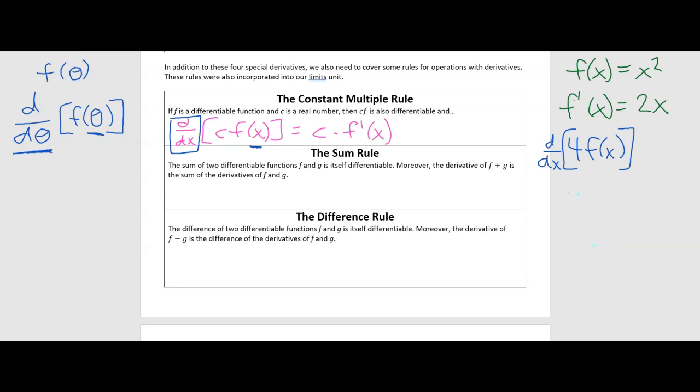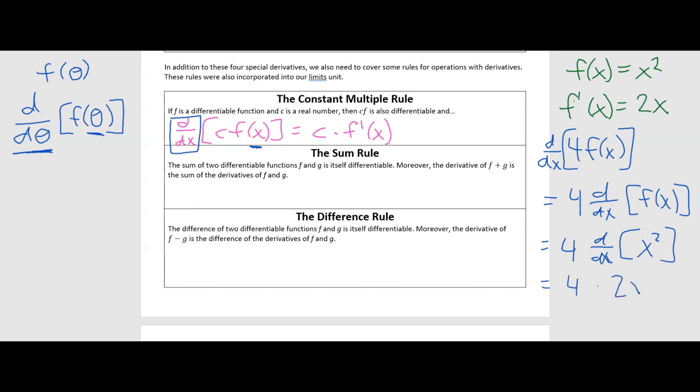is we could essentially factor out the 4 from the derivative expression. So we could say 4 times the derivative with respect to x of f of x, which is equal to 4 times the derivative with respect to x of x squared, equals 4 times 2x, which is equal to 8x.